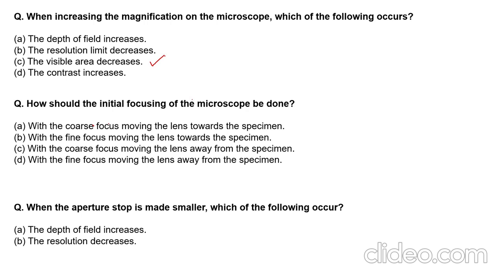You will always see the objective lenses are of different dimensions, so you have to continuously focus your sample with respect to your objective lens. So you have to say how you should do the initial focusing out of the four options. Okay, with coarse focus moving the lens towards the specimen.